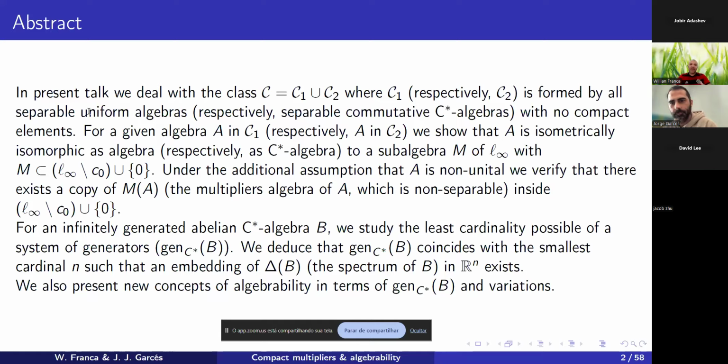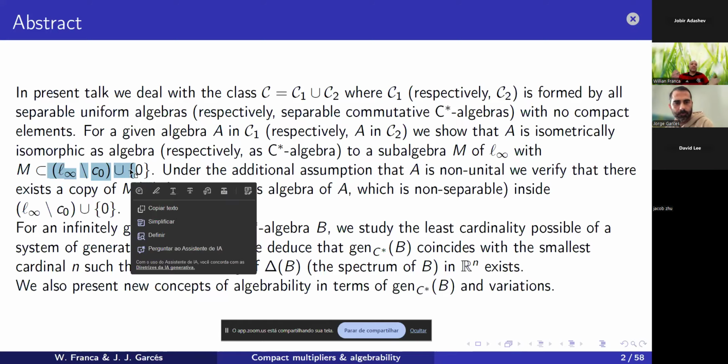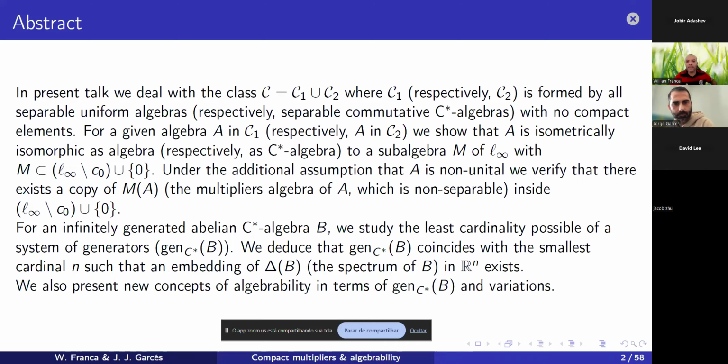If you choose any algebra in such a class, with no compact elements, we are going to show that it is possible to construct an algebraic isomorphism. In the case of C-star algebras, the isomorphism is also a star isomorphism, between the algebra and some subalgebra, which is contained precisely in the complement of the C0, union 0.